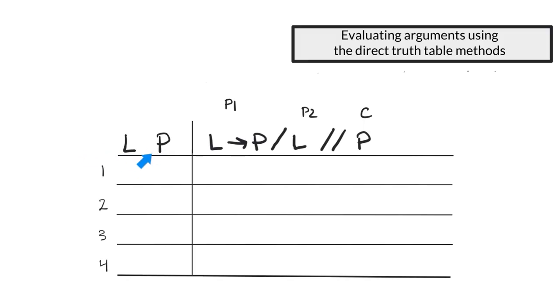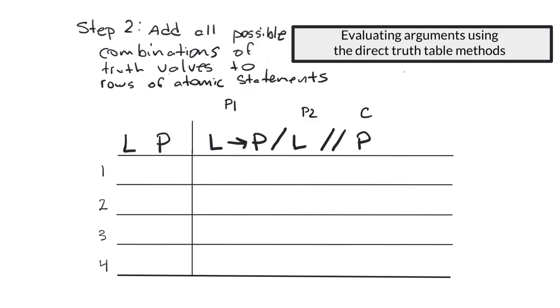apply all the possible combinations of truth values for our atomic sentences of the argument by row. So our next step is to add all the possible combinations of truth values to the rows of the atomic statements. Since we have two atomic statements and our truth values are binary, meaning they're either true or false, the number of rows is 2 to the N. The 2 stands for the number of truth values, so one for true, one for false.